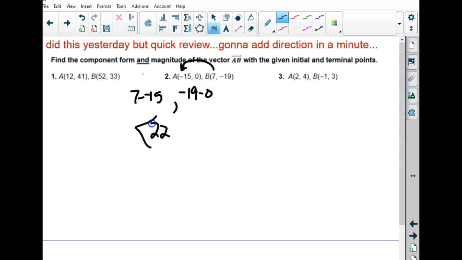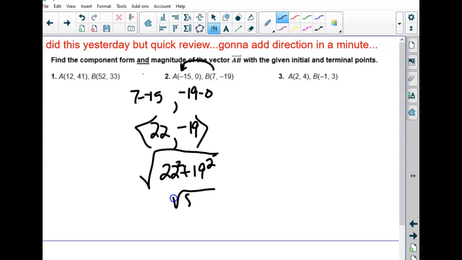Does that make sense, guys? And it's going from 0 to -19, which would be down 19. Then to find the magnitude, we were lazy and ignored the negative because otherwise we need a bunch of parentheses, right? Was this like 845? I don't know why that stuck in my brain. That's really sad that I have long-term memory of that number.